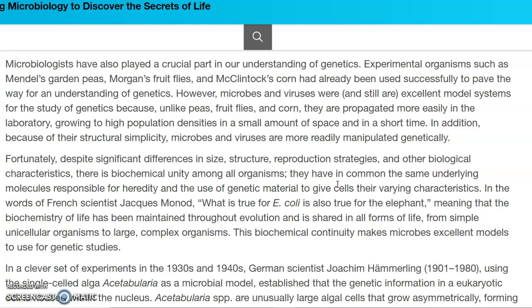So there's a saying here in your book: what is true for E. coli is also true for the elephant, meaning that the same biochemicals that allow E. coli to do what it does are found in the elephant and allow the elephant to do what it does. So we're all made up of the same basic building blocks, the same basic components. It's just the complexity and what we can do with those that make us all different.